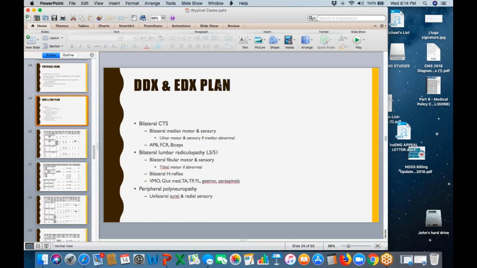So my initial plan was based on my initial differential diagnosis. I was thinking in the beginning of carpal tunnel and radiculopathy, so those were the initial ones that I started with, screening for a carpal tunnel study and then the radiculopathy. In the back of my mind I thought maybe polyneuropathy, but I started out with the initial plan. Then once I started encountering the findings that I did, I added more.